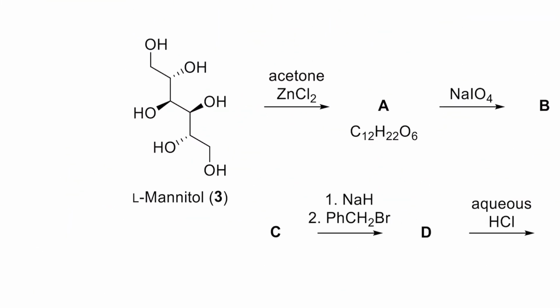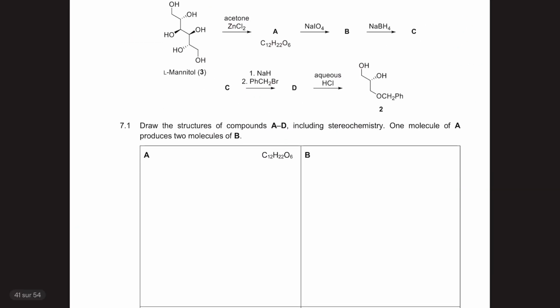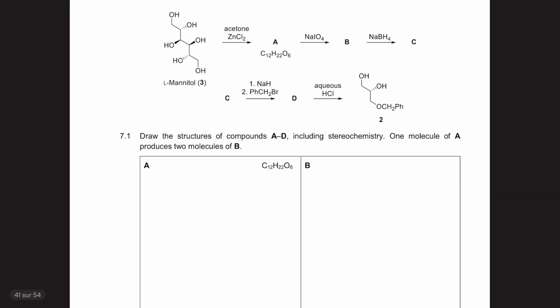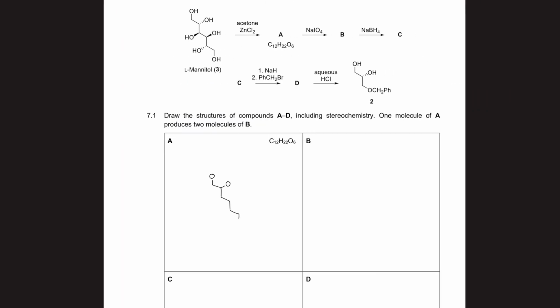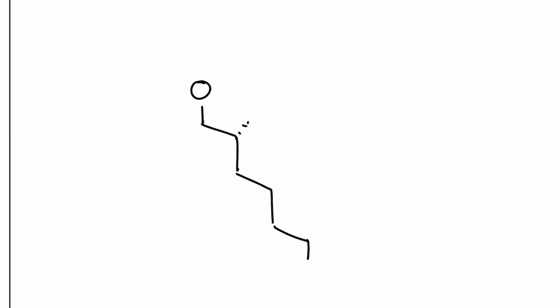So right here is L-mannitol treated with acetone and zinc chloride to give you product A. And so the product would be an acetal formation, right? 1, 2, 3, 4, 5, 6. So they treat it with acetone, so it's going to be a dash, like so.